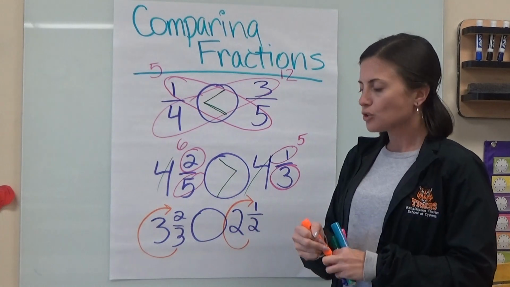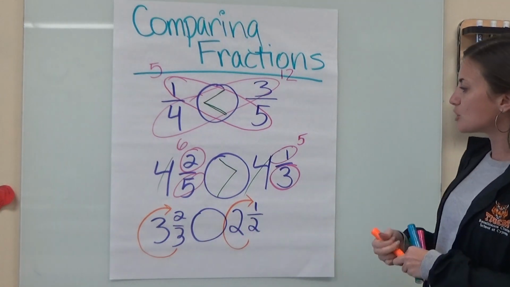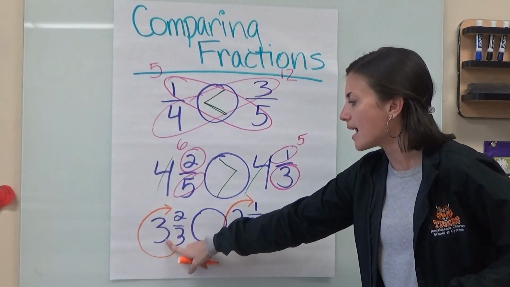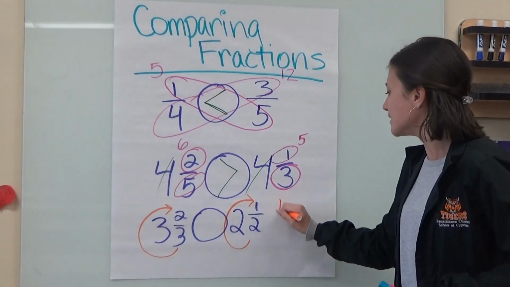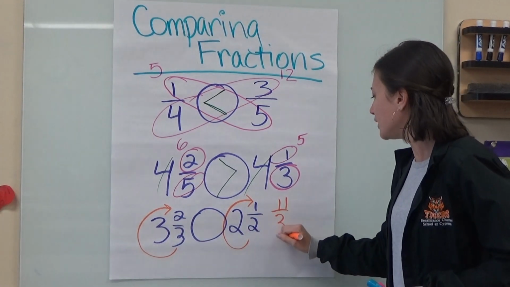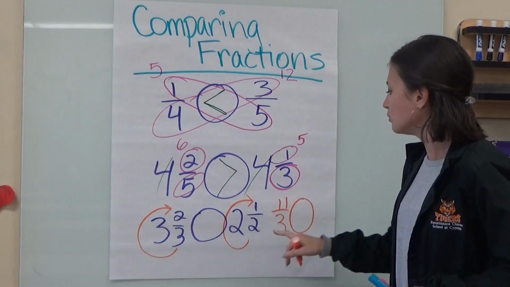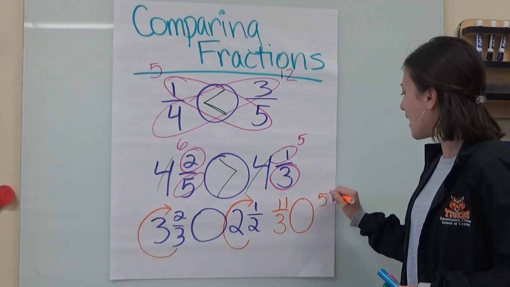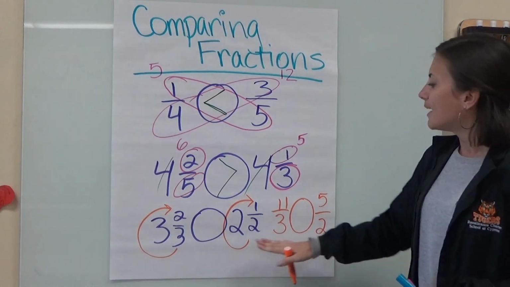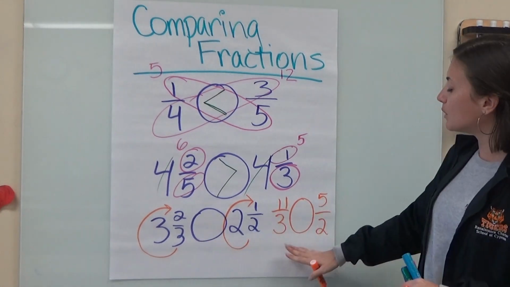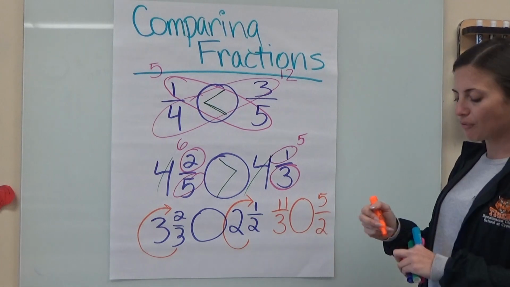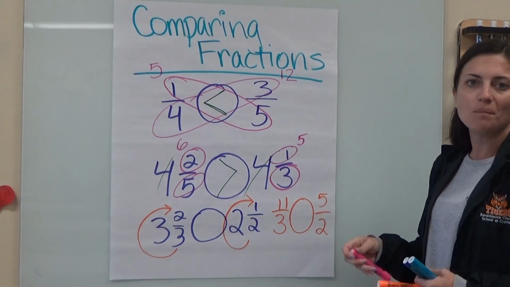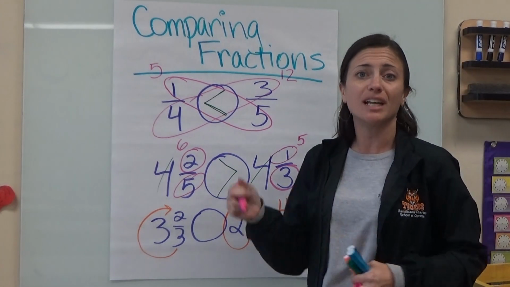So we're going to use around the world to turn both of these into an improper fraction that we can then compare. So if I do around the world, that's going to turn 3 times 3 is 9 plus 2 is 11 over 3 compared to 2 times 2 is 4 plus 1, 5 over 2. Now that I've done around the world, I rewrote my inequality with the improper fractions, and now I can just do the same old butterfly method that I have mastered and know how to rock.